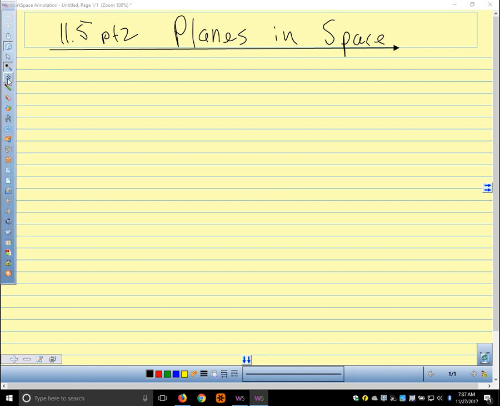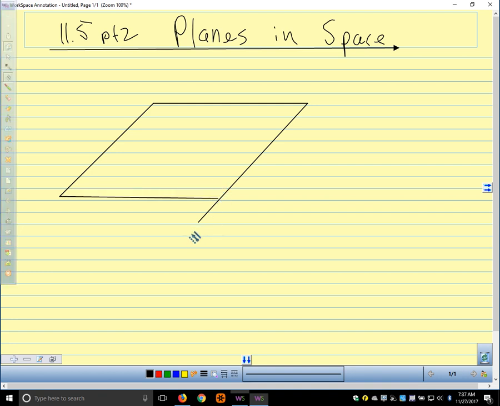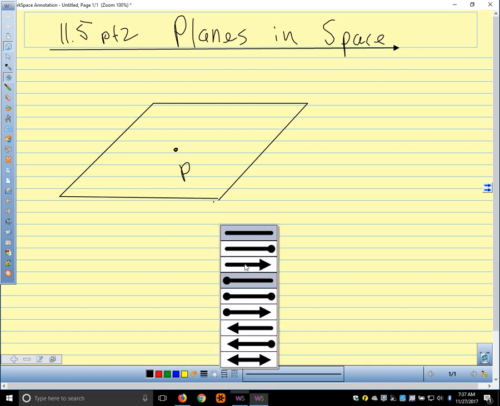So let me draw a little picture here of our plane. So here's a plane in space, and we have a point on that plane. We'll call it P. There's point P, and we're going to draw a vector in the plane.